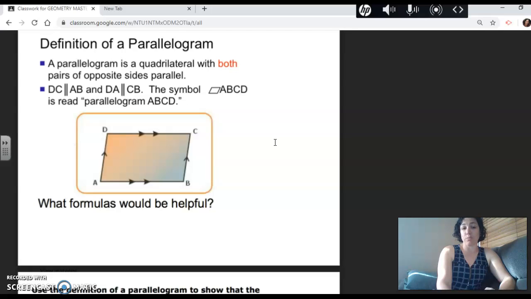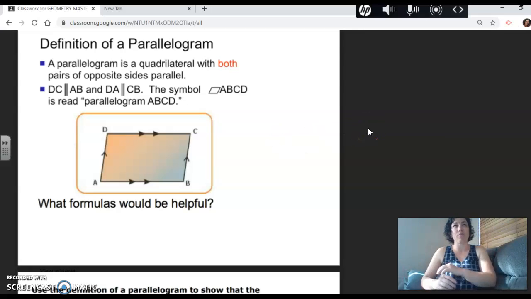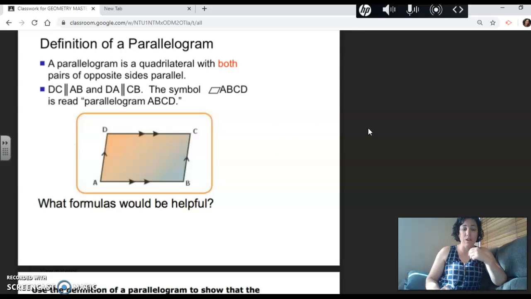You really want to look at your slopes to see, are my opposite sides parallel? If you remember from last week, there were 6 different things that you could do to prove a parallelogram, including angles and stuff. We're not really getting into that with the coordinate grids, but it did include two sets of parallel, opposite sides are parallel, opposite sides are congruent.